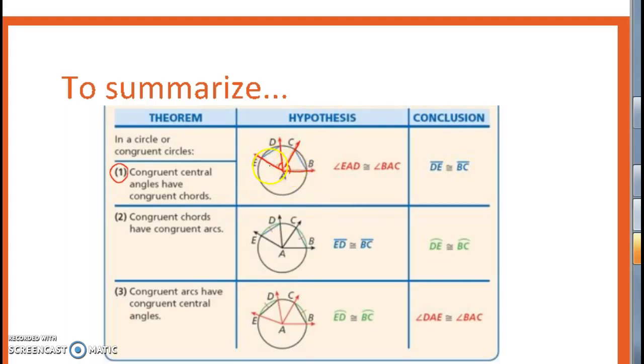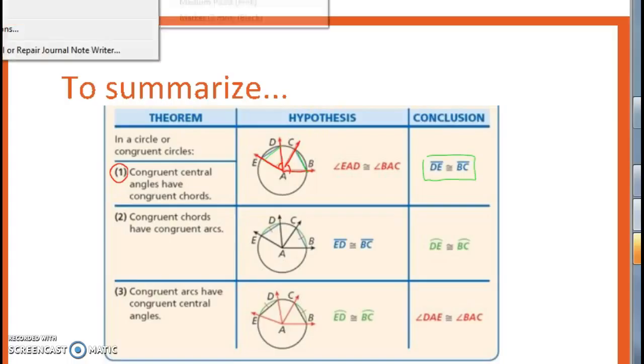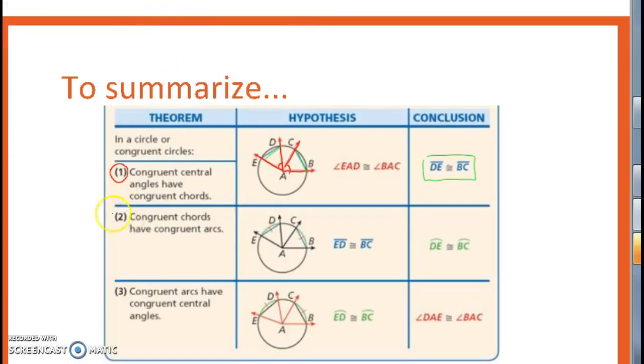If I know that these central angles are congruent, then I can say that their chords, or the segments drawn between their endpoints, are also congruent. That would be DE is congruent to BC, this chord here and this chord here. So that's the first one. The second one that we looked at says that congruent chords have congruent arcs.